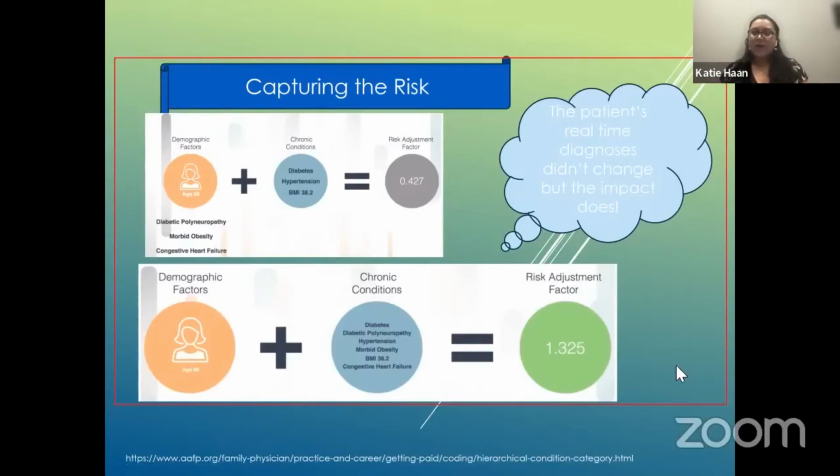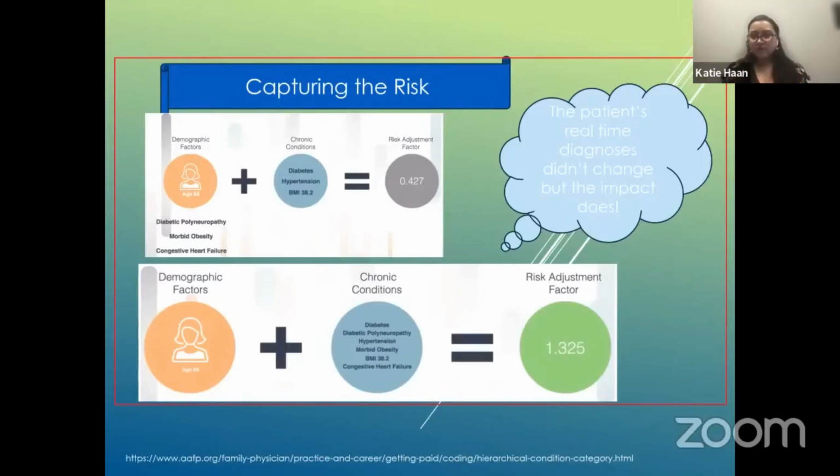0.427. However, after we looked at the chart, the same patient, same visit, we took an analysis and we looked at it a little bit harder. We see that the patient has diabetes, but we were more specific. Rather than just saying hypertension, when you have hypertension with polyneuropathy and morbid obesity and congestive heart failure, this actually exponentially grows.